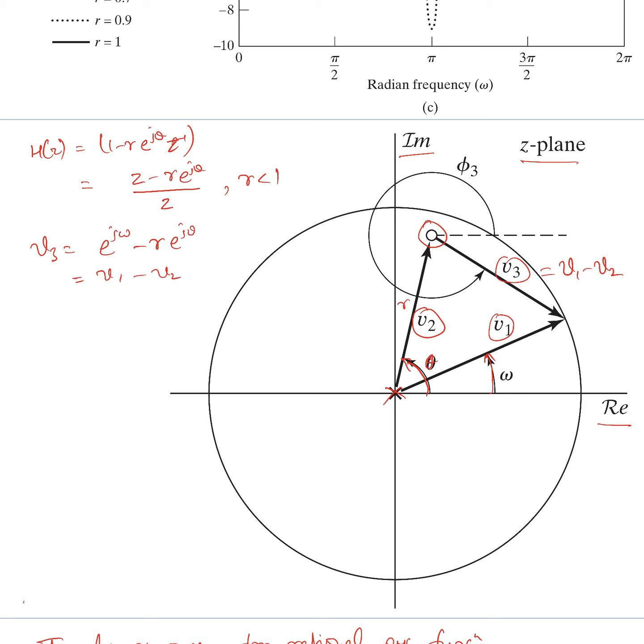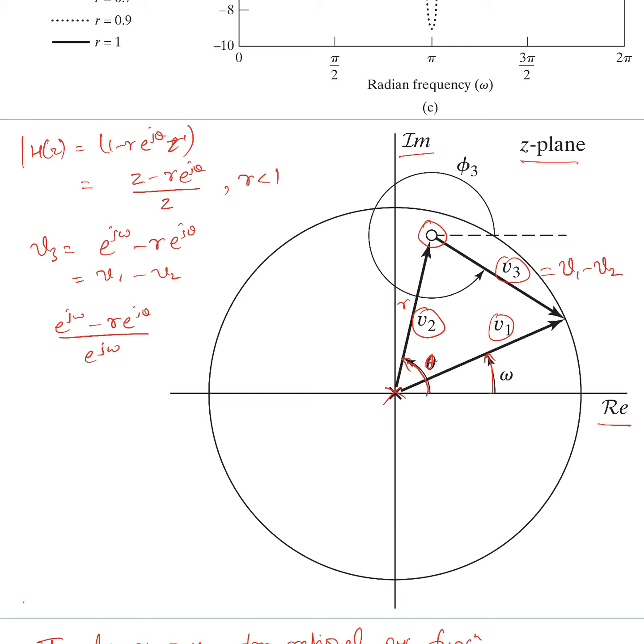Okay, so in terms of these vectors, the magnitude of the complex number, if I substitute z as e to the power j omega, is the ratio of the magnitudes of the vector v3 and v1, because in the numerator you have the v3 vector and in the denominator you have the v1 vector.